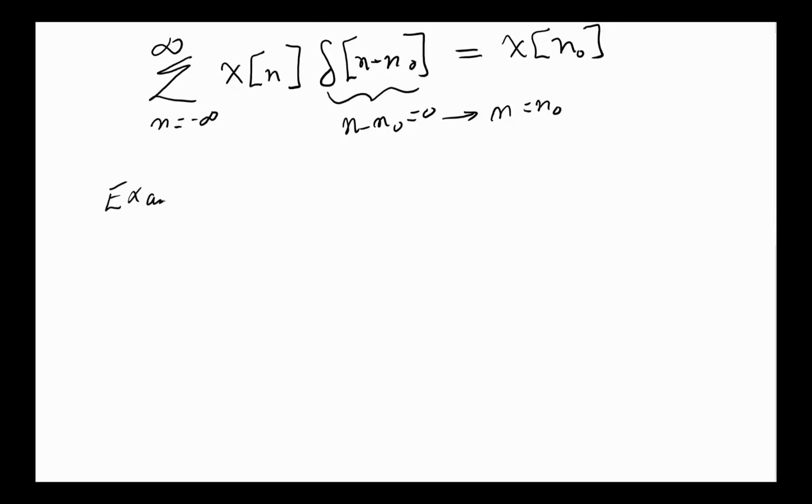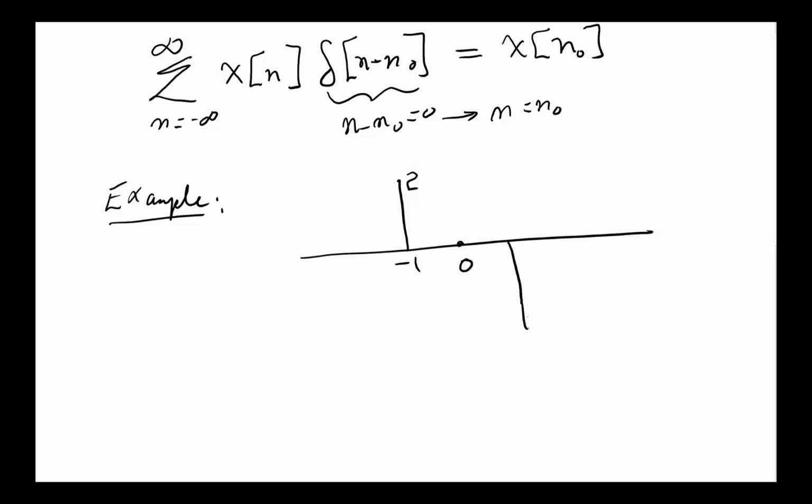Now, let's do one more example before we walk away from here. This is kind of useful because somebody could give me a function that looks like this: 2 in here, this is -1, 0, and maybe -3 at 1, and maybe at 2 is 4.